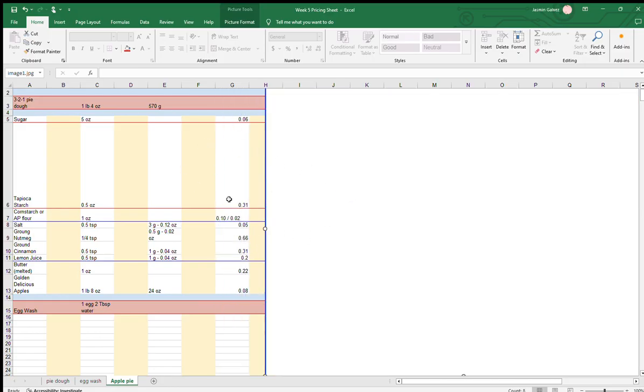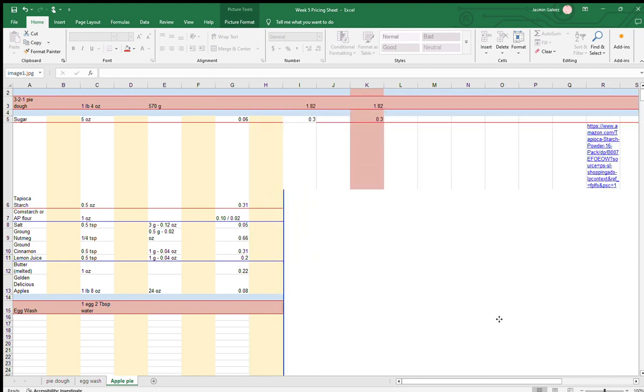Over here, we did the pricings. For an ounce of sugar, we got 0.06 cents. For an ounce of tapioca starch, I did some research. I got it off of Amazon. You see that link over there.